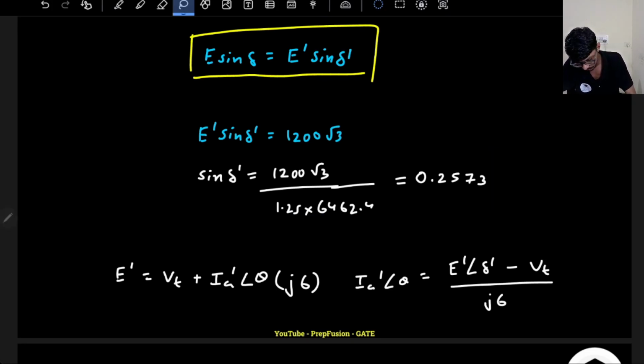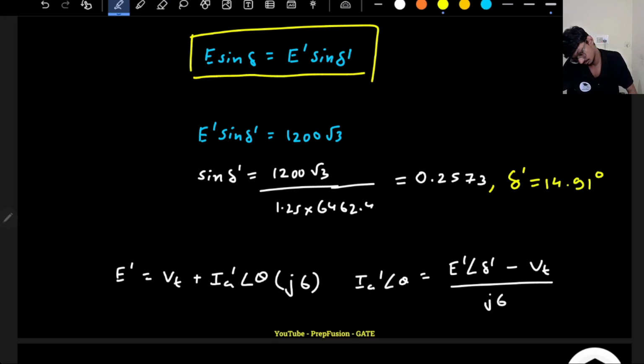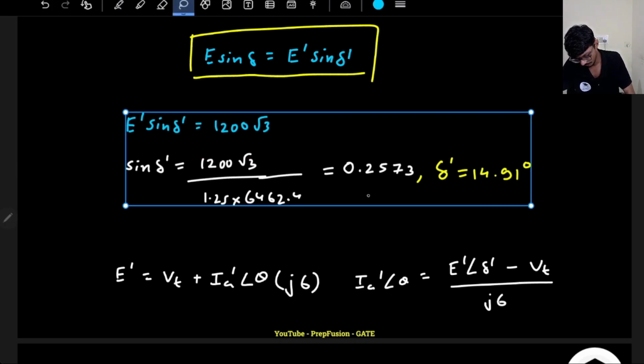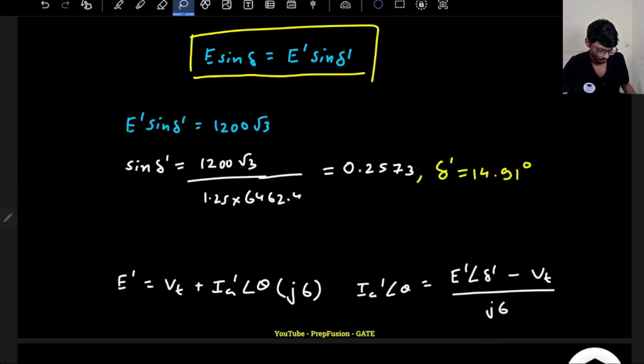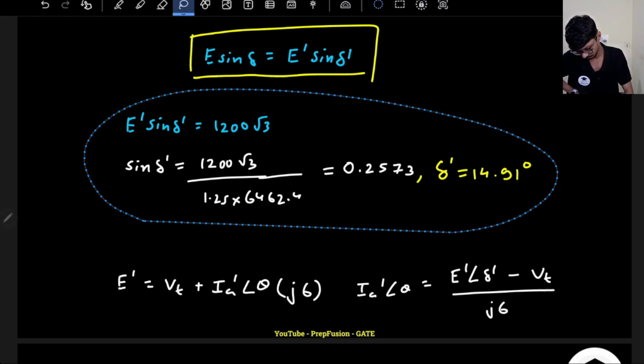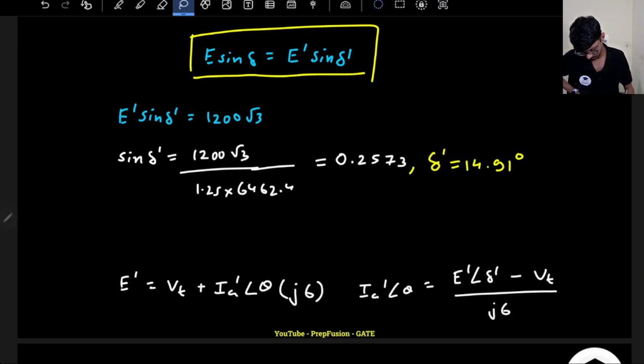So your delta dash is 14.91 degrees, and this will be E dash.